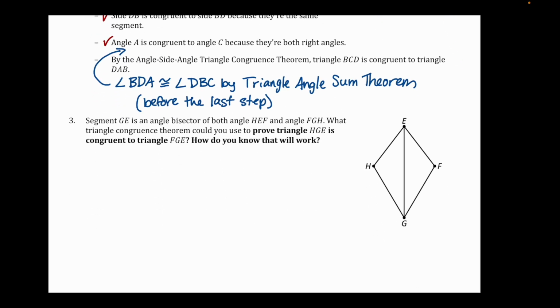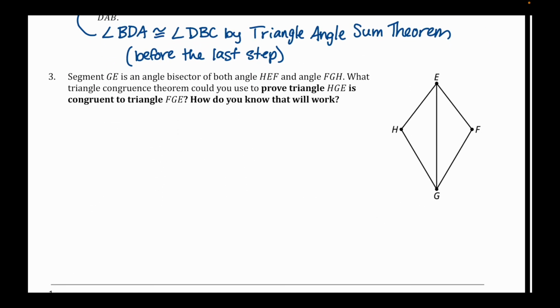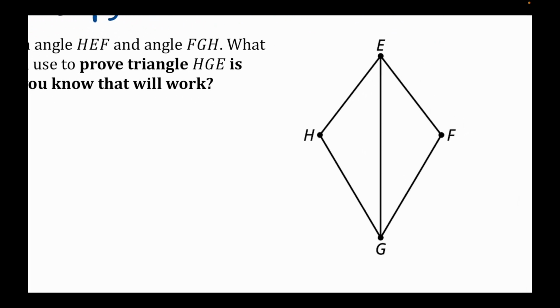Then we are going to move to question 3 here, which says segment GE is an angle bisector of both these two labeled angles. So HEF, that's this top angle here, and FGH, which is the bottom angle here. What could you use to prove it is congruent, and how do you know it will work?